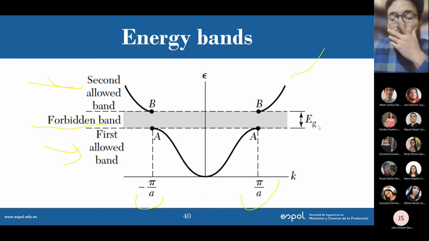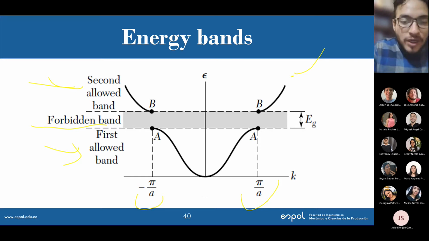Now, I just want to stress one more point, because this is going to be important for the next concept. We said that the wave vector is inversely proportional to the wavelength, right? So that means that k, the wave vector, actually has the units of reciprocal length, right?